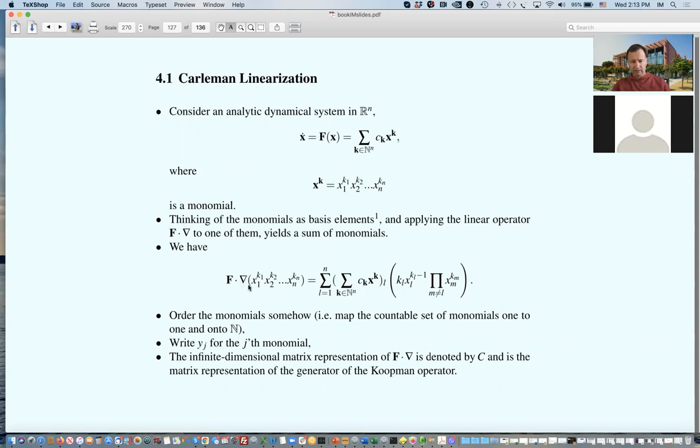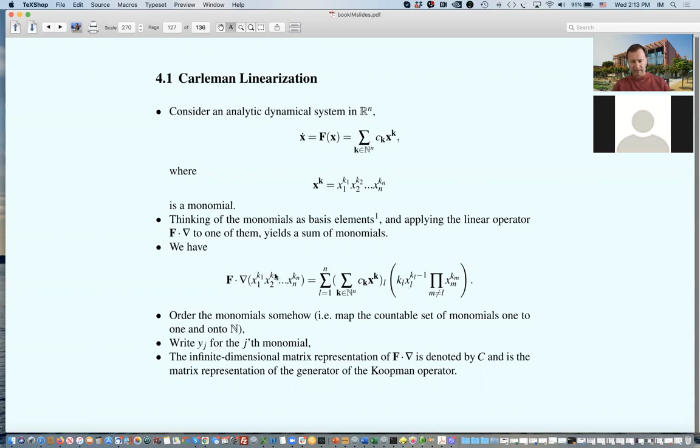If we take the gradient, we're going to have a sum of terms. Each of these terms is going to have a differential with respect to a particular element of this vector of partial derivatives. So let's say the lth.